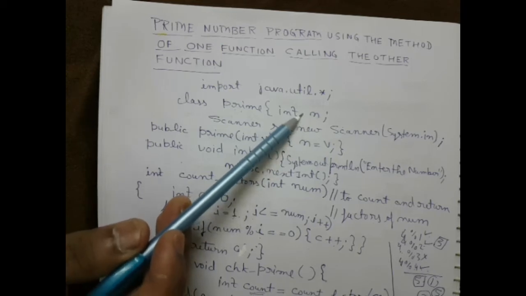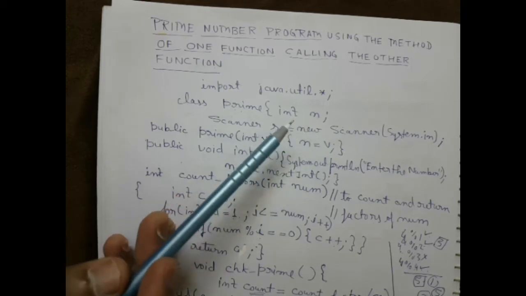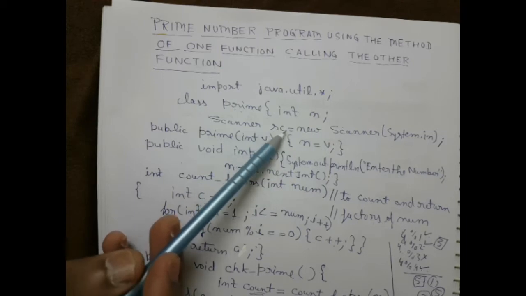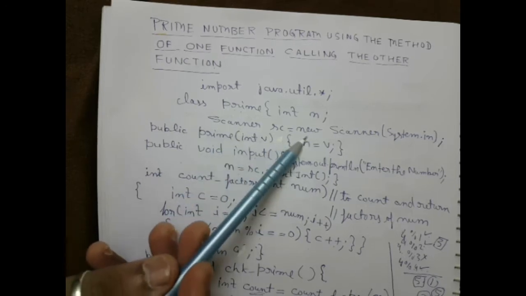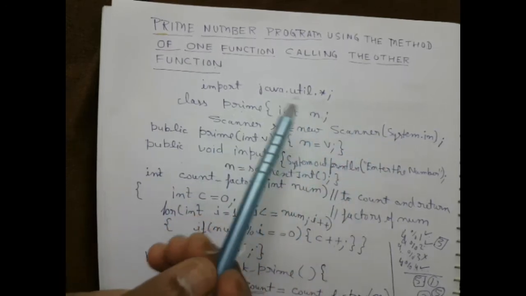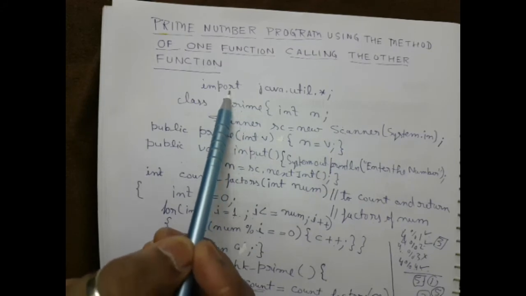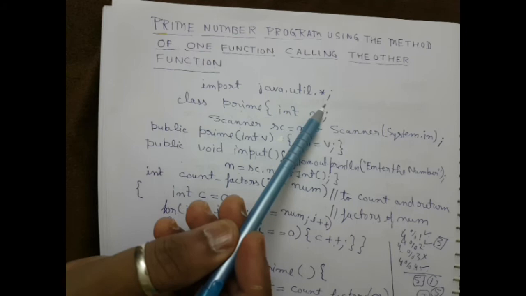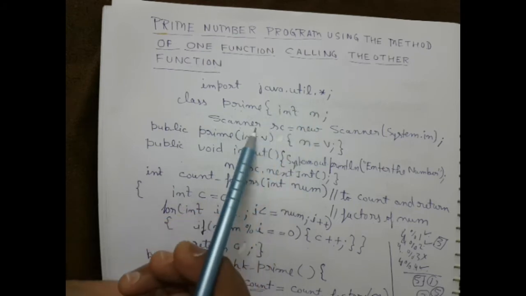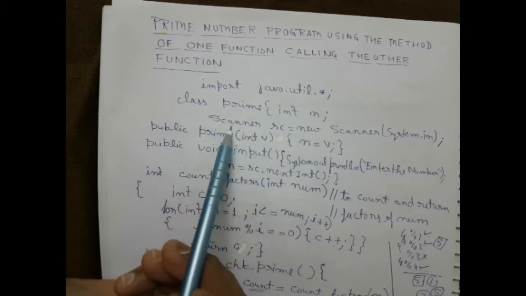Now students, we have to input the data. For that I need a Scanner object, so I have created this Scanner sc = new Scanner(System.in), and here the package is given, import java.util.*, which is required for having the Scanner class in our program.